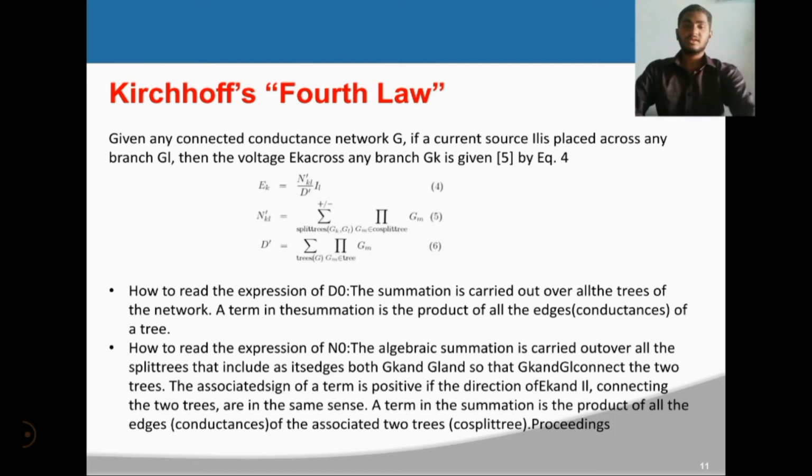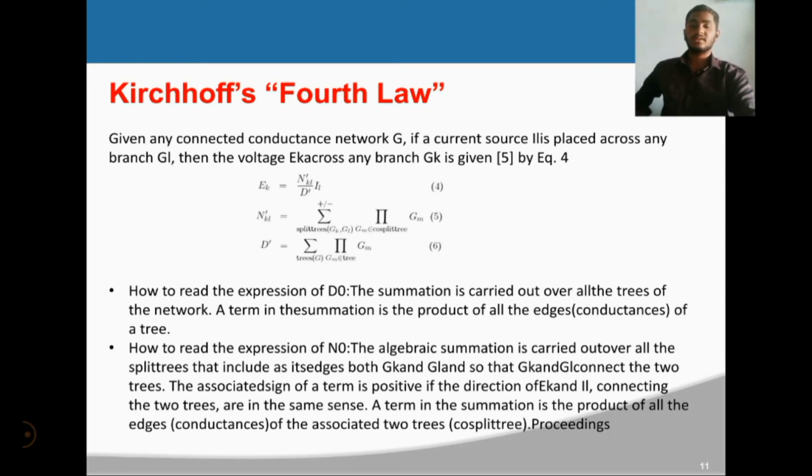How to read the expression of N0? The algebraic summation is carried out over all the split trees that include as edges both G_K and G_I, so that G_K and G_I connect the two trees.